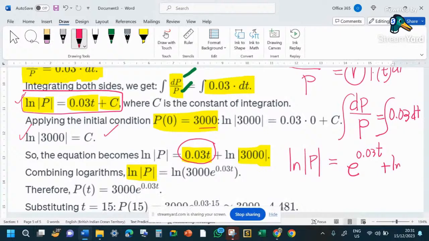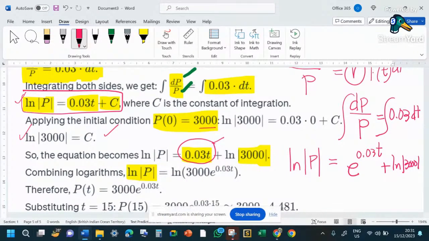Why is it that it's e? Look, for you to make this one a part of the natural logarithm, it must be converted to a natural logarithm.